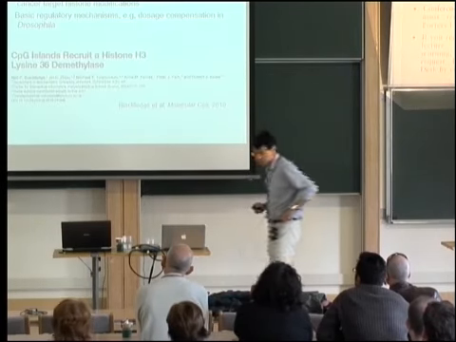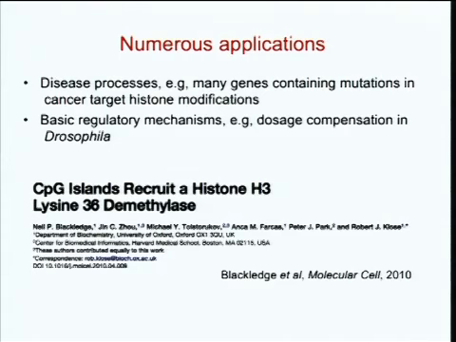Actually, on my last visit to England, I met a biochemist at Oxford named Rob Klose, and he had a very interesting question that he wanted to address, and after lots of emails and phone calls and some sequencing at Oxford and also in Cambridge, Massachusetts, we published this paper earlier this year: CpG islands recruit a histone 3 lysine 36 (K36) demethylase. Okay.